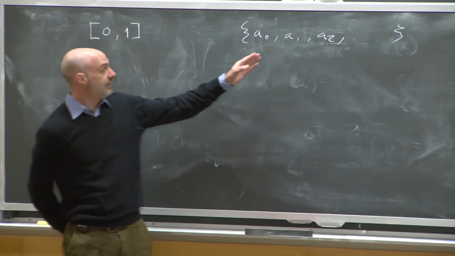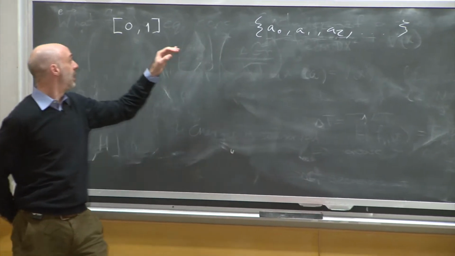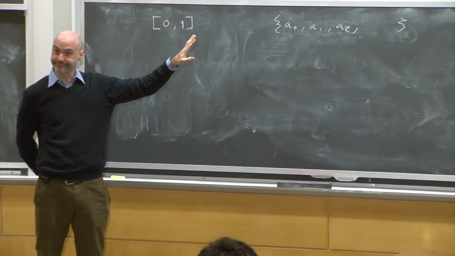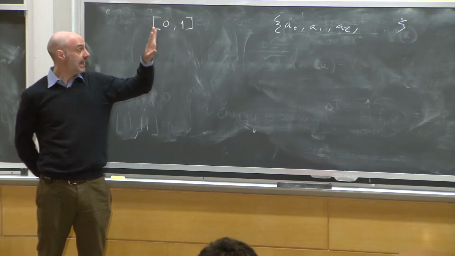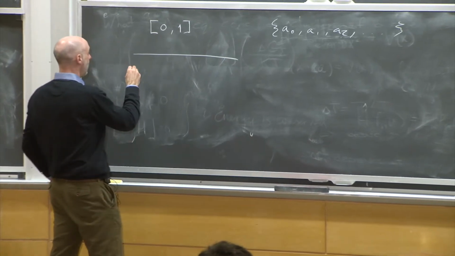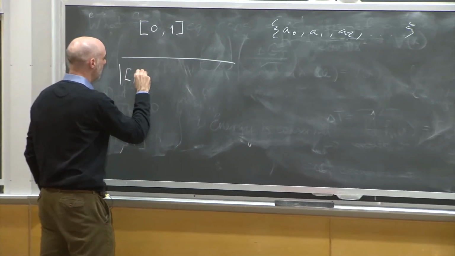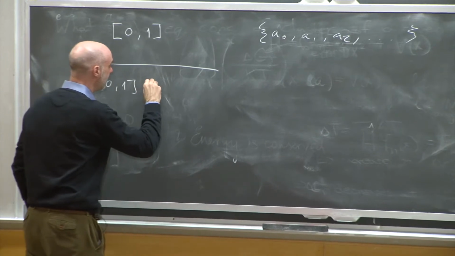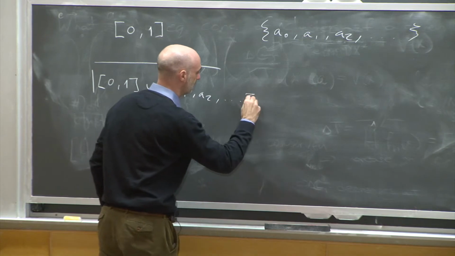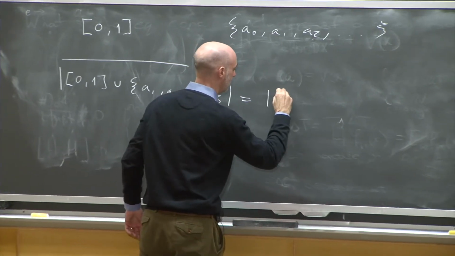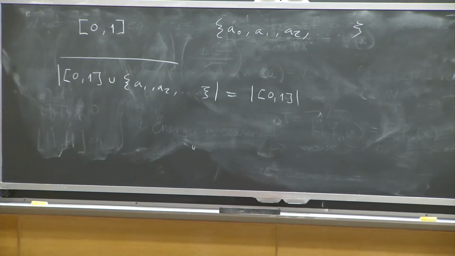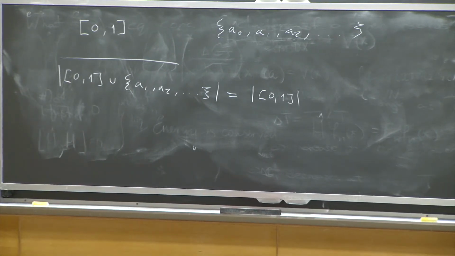I'm going to assume that all of these are different, and I'm going to assume that none of them are in here. So these guys are disjoint. So here is a cool result that will be very, very useful. The cardinality of the combined set equals the cardinality of just 0, 1.